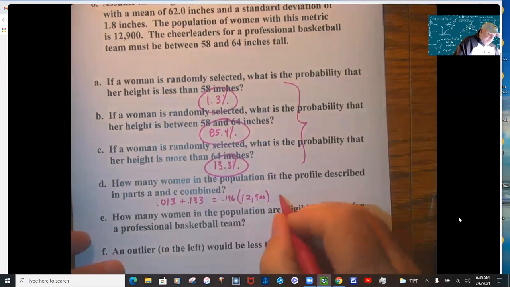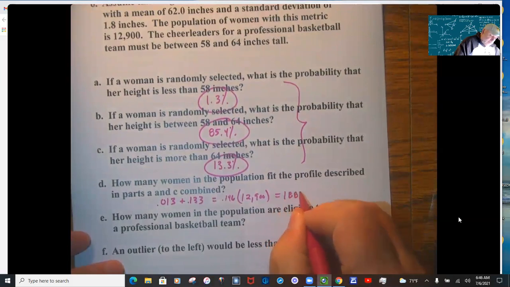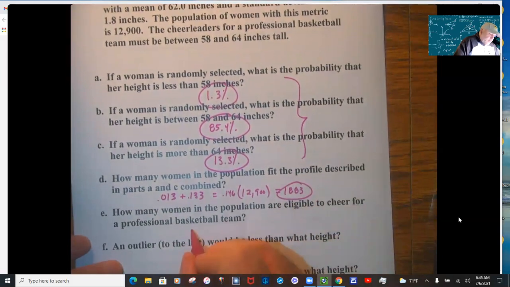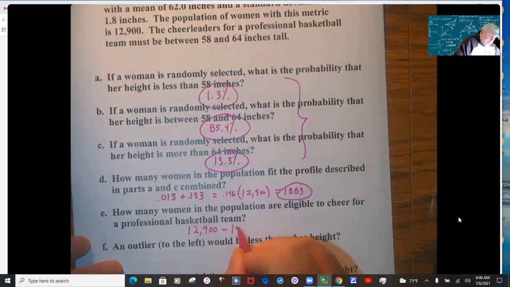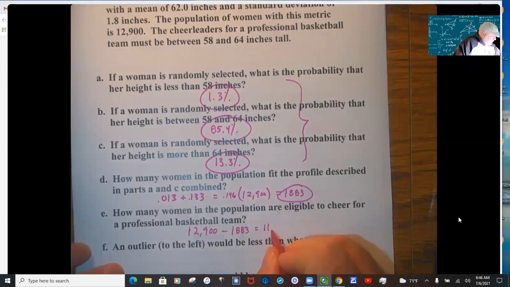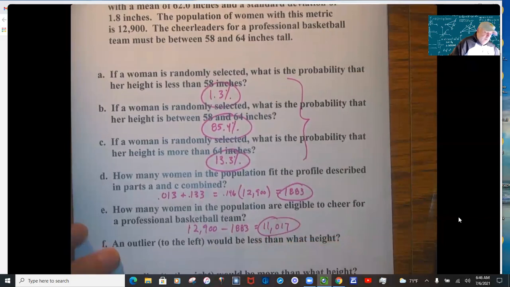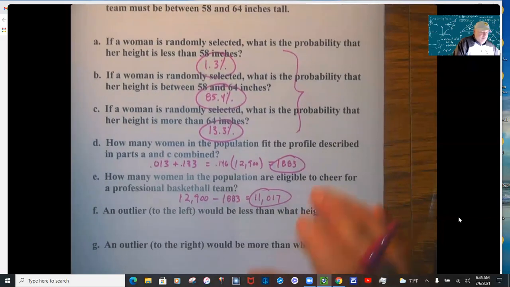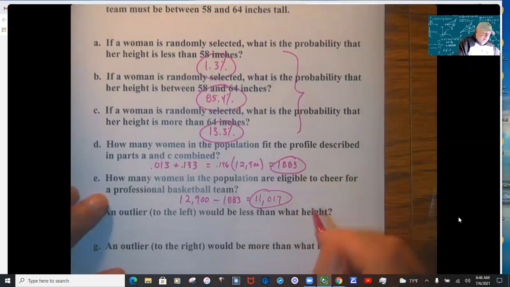I'll be able to tell if you did this right. And then the complement is 12,900 minus 1883, which is 11,017. So these two add to the 12,900.